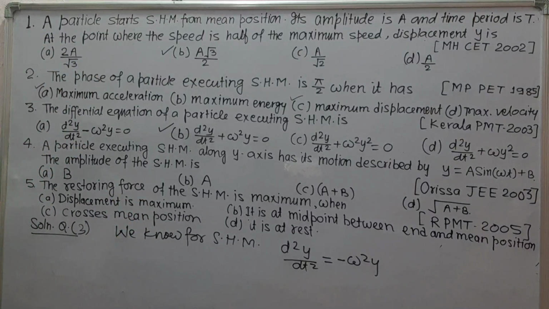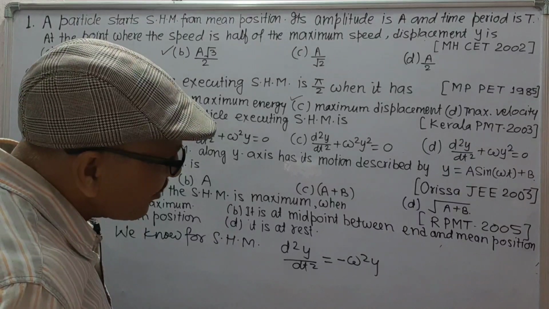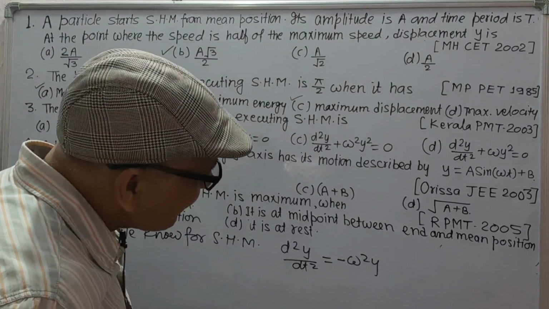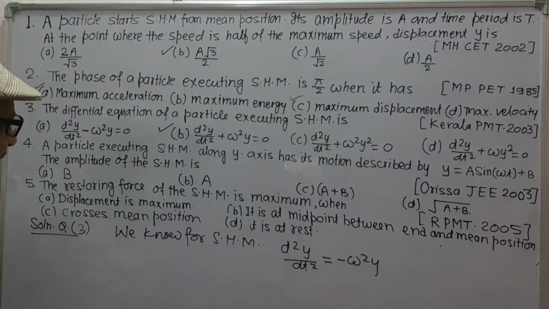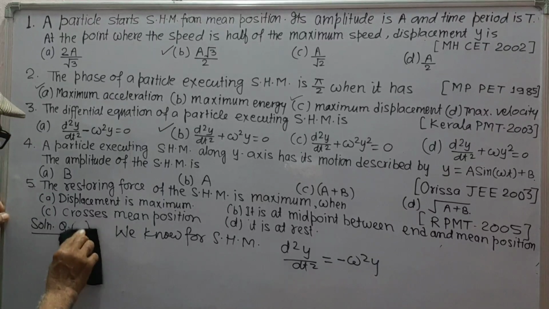Next, question number 4. A particle executing simple harmonic motion along y-axis has its motion described by y is equal to a sin omega t plus b. The amplitude of the simple harmonic motion is. Now, solution to question 4.